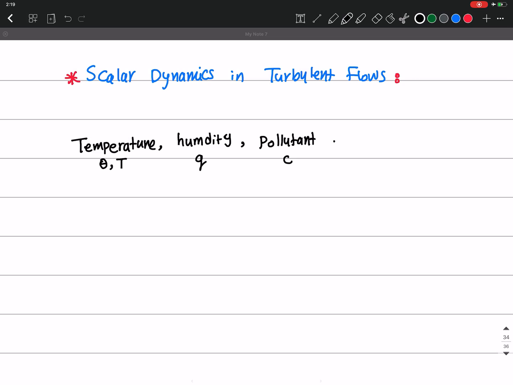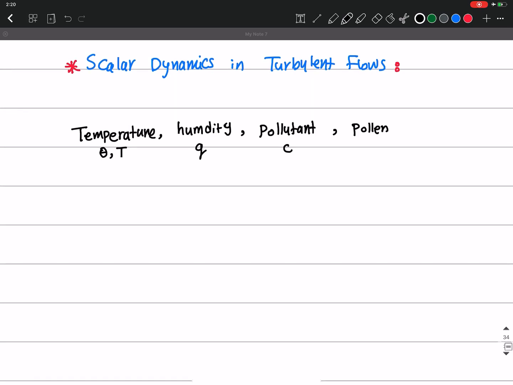We typically show them with C, or tracer gases, and pollens. Even pollens can be scalars that move with turbulent flows and have chaotic and turbulent motions.